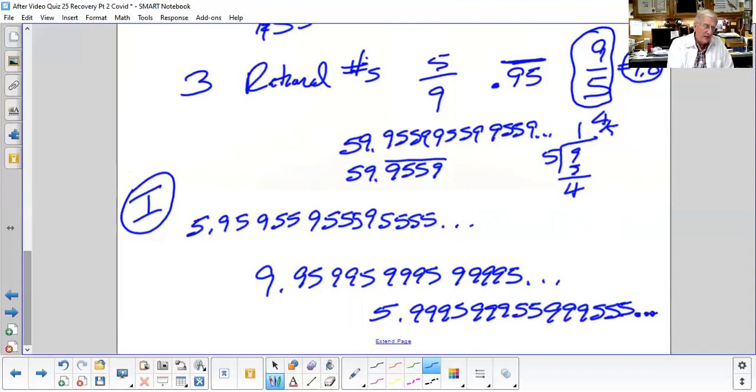All of these three examples right here all show growing patterns, don't they? And growing patterns, like what I'm showing right there, work very well in terms of producing for you an irrational number.